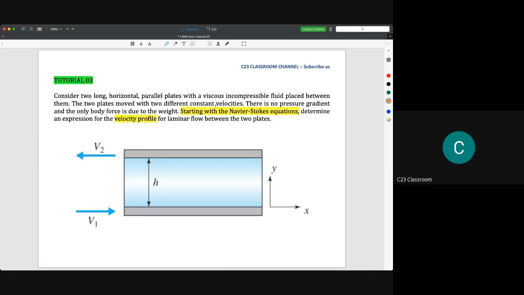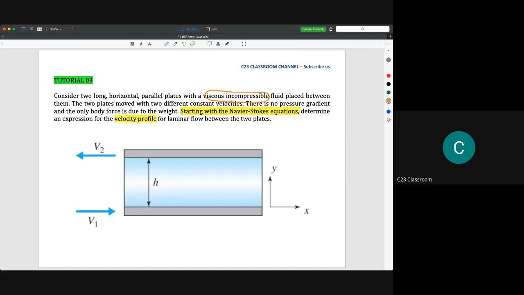So tutorial 3 akan lebih kepada penyelesaian masalah menggunakan Navier-Stokes equation, dan for sure kita akan menggunakan idea of continuity sekiranya perlu. So in tutorial 3, consider two long horizontal parallel plates with a viscous incompressible fluid. So dinyatakan kat sini viscous incompressible fluid placed between them.